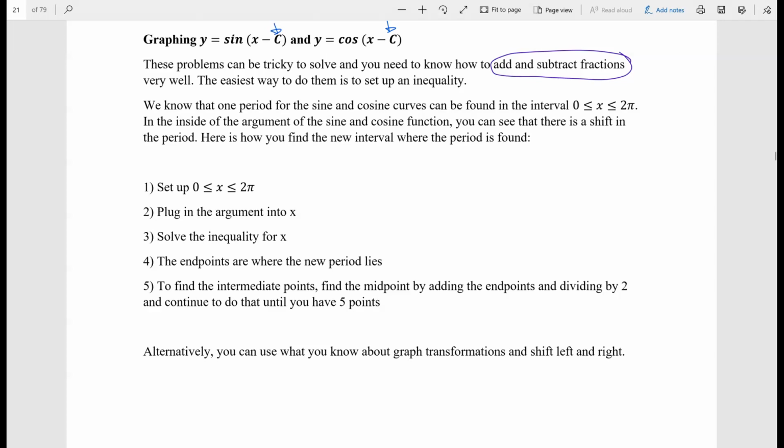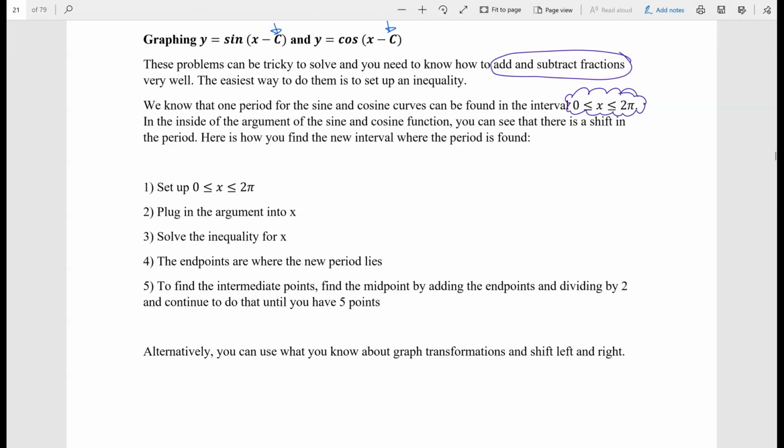The way that I like to find where exactly the period is, is by starting off with this inequality: 0 is less than or equal to x, less than or equal to 2 pi, which symbolizes that one full period is there.